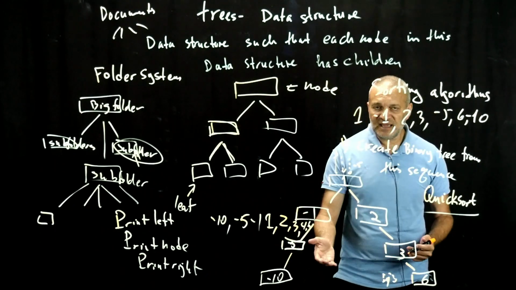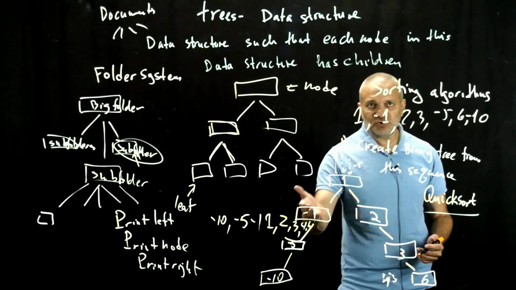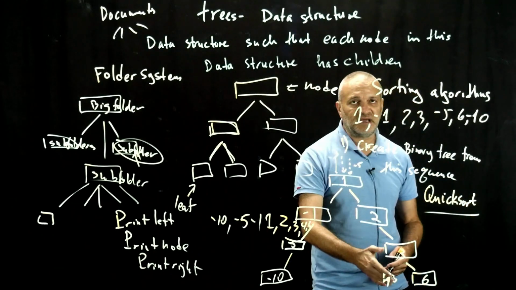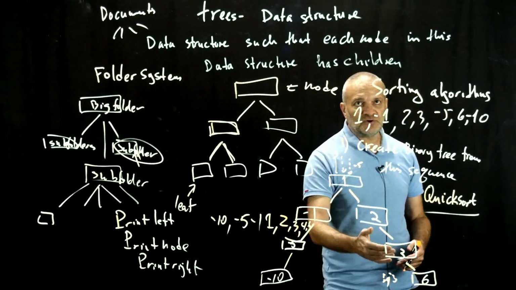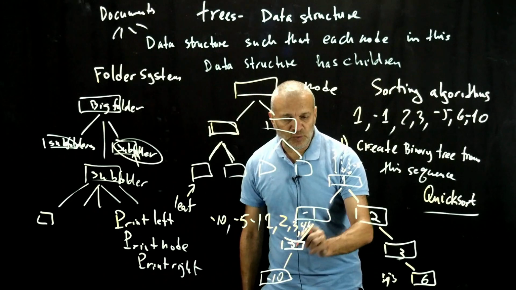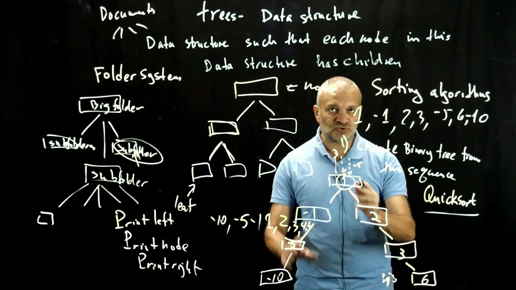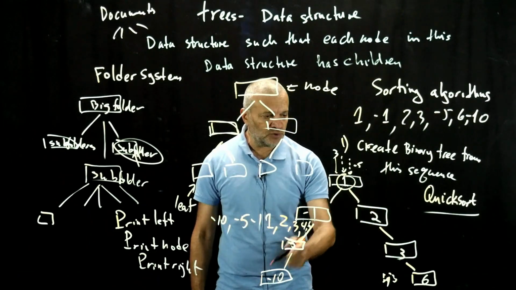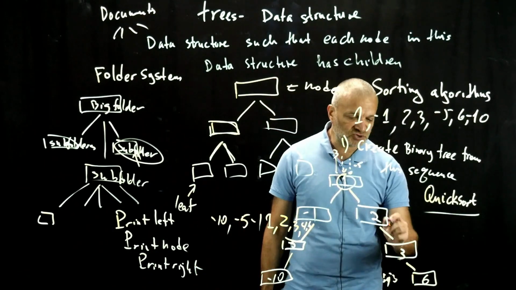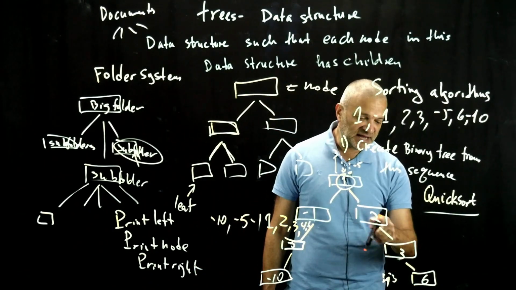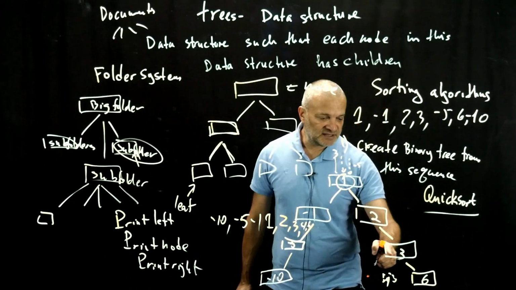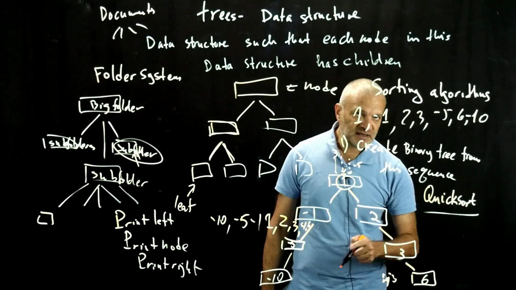Here the case is that you have a tree where you have only one child, except for one node where you have two children, or two subtrees. Here you have only one child for each one. So 2 has only one child that goes to the right, which is 3, and 6 is going to be a child of 3.